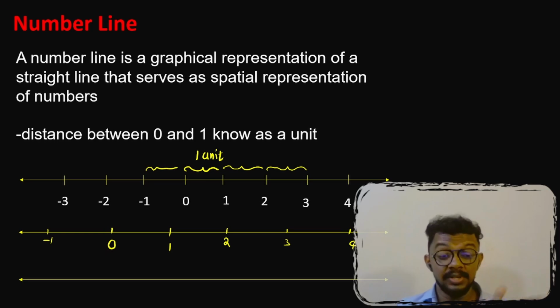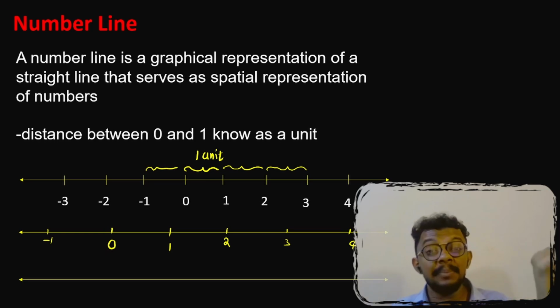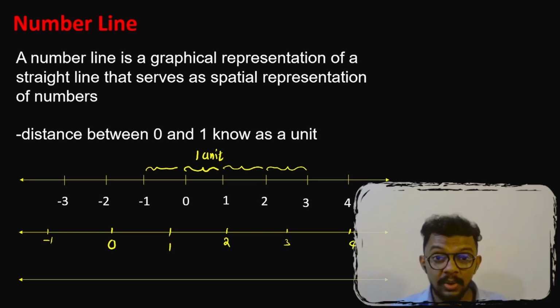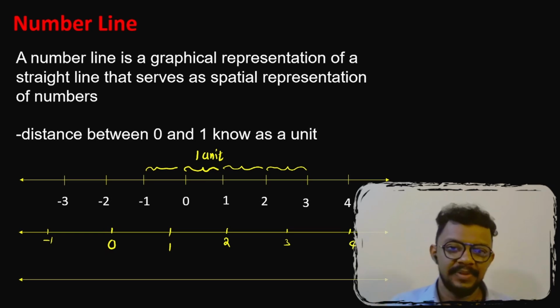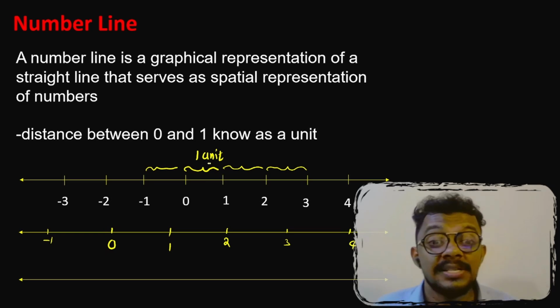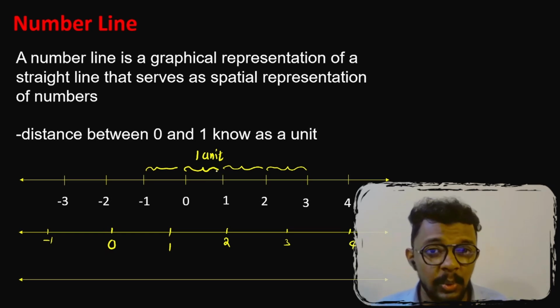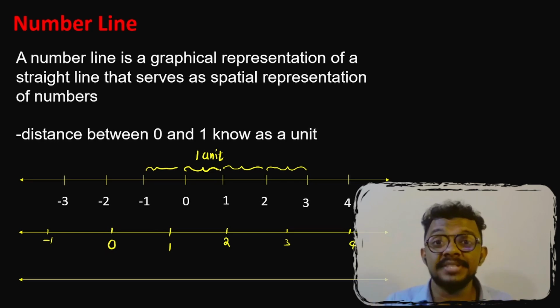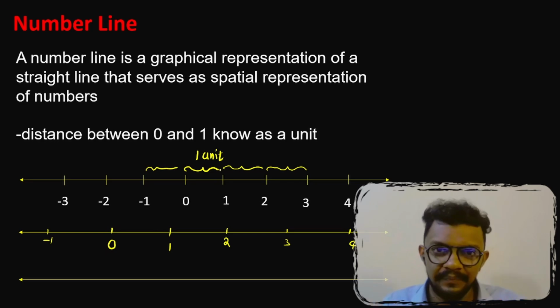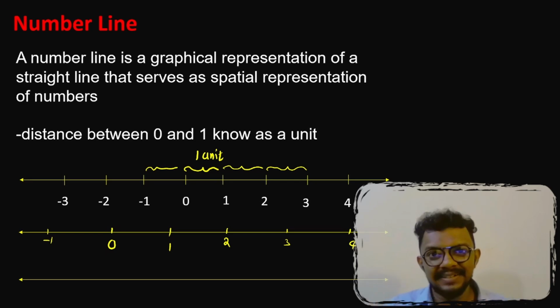Left side also: somewhere here minus 100, minus 200, minus 3000, minus 1 crore. It is moving left to infinity. That's the next point. It is a never ending line. Okay, so 2 points already learned. The distance between 0 and 1 is called 1 unit, and that distance is fixed in a number line. Second, it is a never ending line.